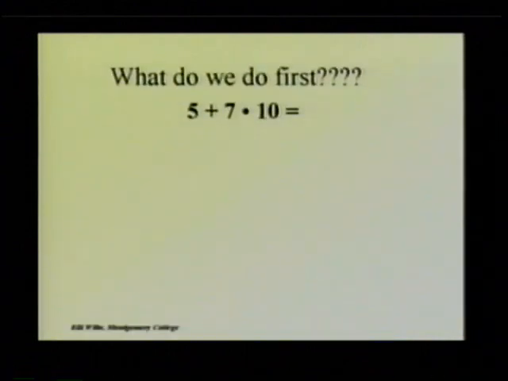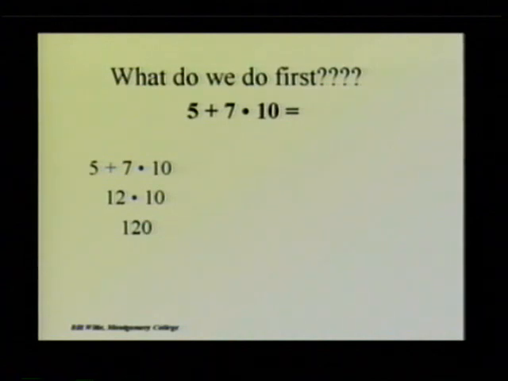Now, let's take this expression and calculate it. I want you to consider, what are we going to have to do first, the addition or the multiplication? Because it's going to matter. In this case, what did we do to get from the first line to the second line? It looks like we added the 5 and the 7 and got 12. And then if we multiply 12 times 10, we get 120.